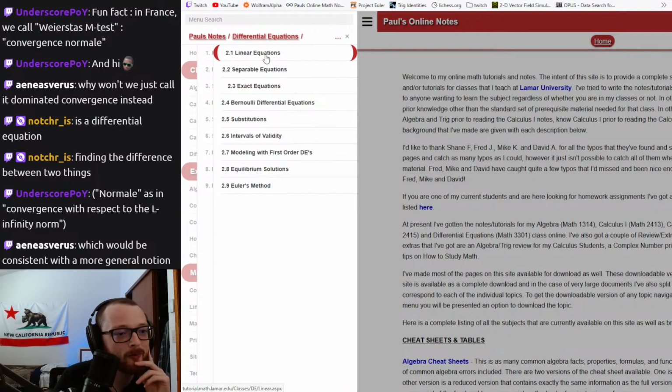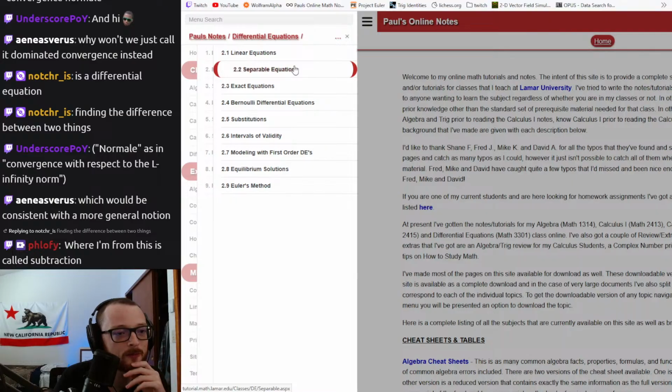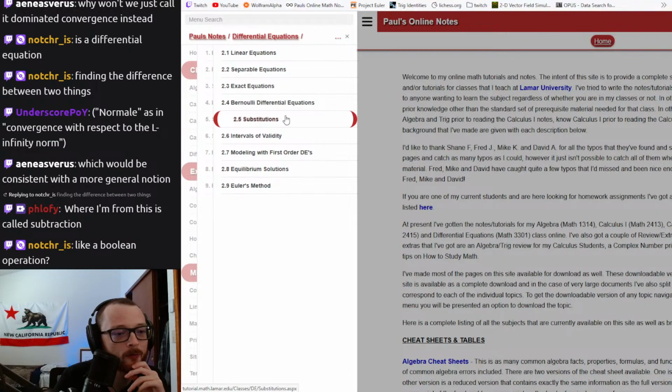I guess usually the emphasis is on these first three things here, maybe a bit on substitutions, and also on initial values and boundary conditions. I wish more of the emphasis was on modeling and interpretation.